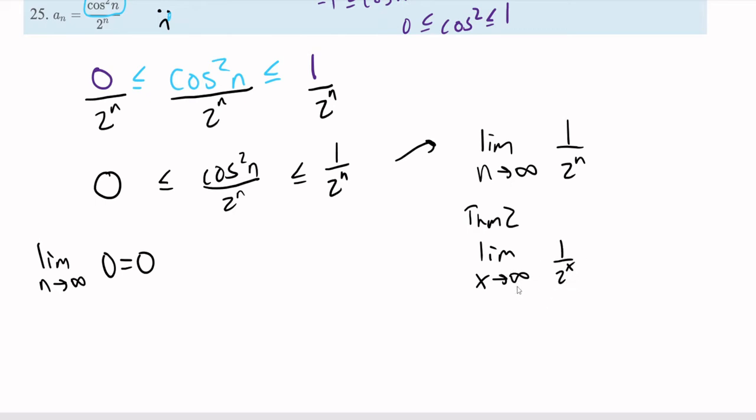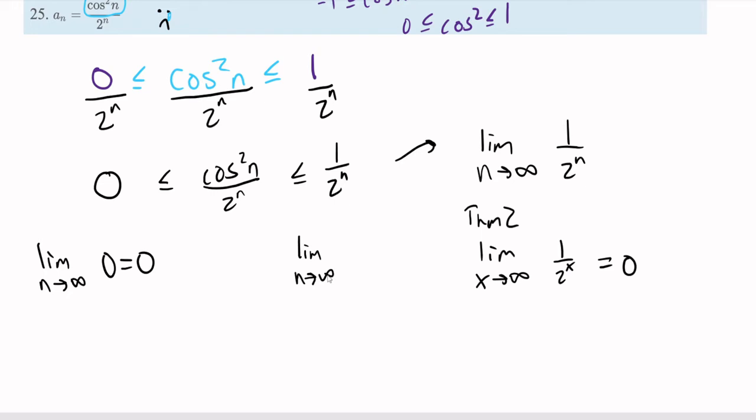And we know that 2 to the x is going to get really, really big as x gets big. So this is 0. And we're going to actually have a theorem that tells us the same thing in just a second for anything that looks remotely similar to this. But for now, we can just rely on the fact that we knew this limit from Calc 1. So, okay, that limit's 0.